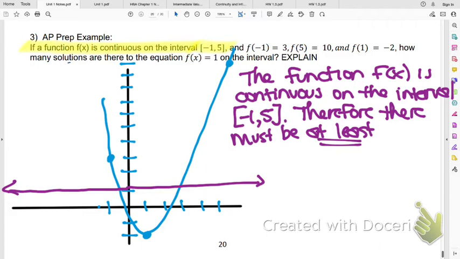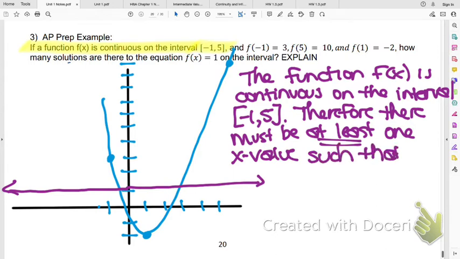It at least hits one time, maybe more. At least one x value such that, what are we trying to prove? F of x is equal to 1. Okay, we are trying to show that my function hits 1 sometime in that interval.